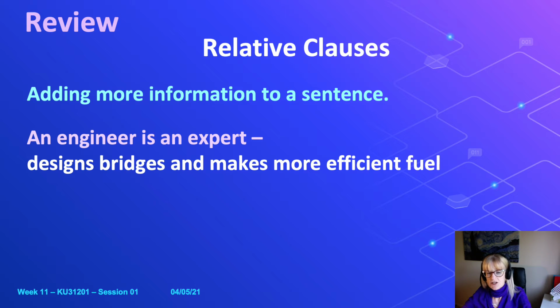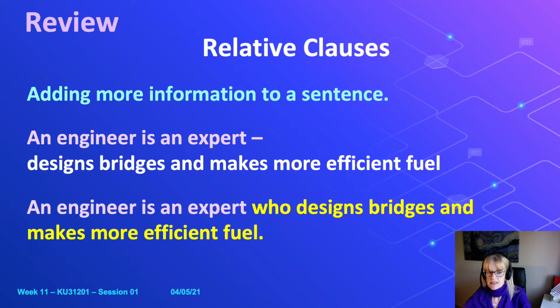And because an engineer is a person, that means our pronoun needs to be that or who. So our new sentence is, an engineer is an expert who designs bridges and makes more efficient fuel. So I chose to use the pronoun who, but I could also have used that, and the relative clause is there in the yellow.